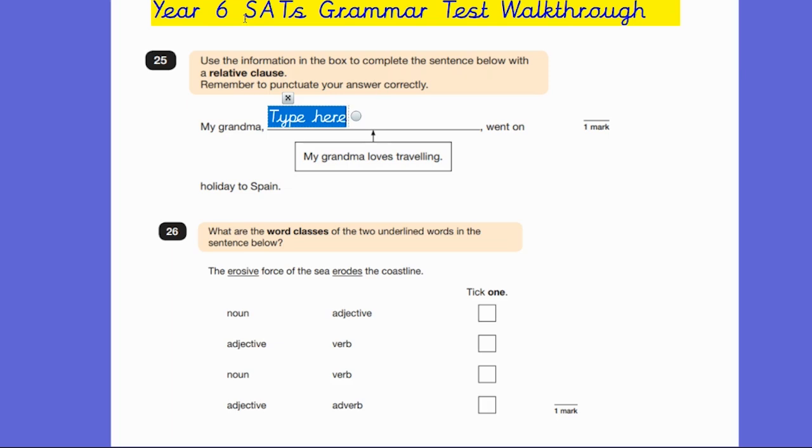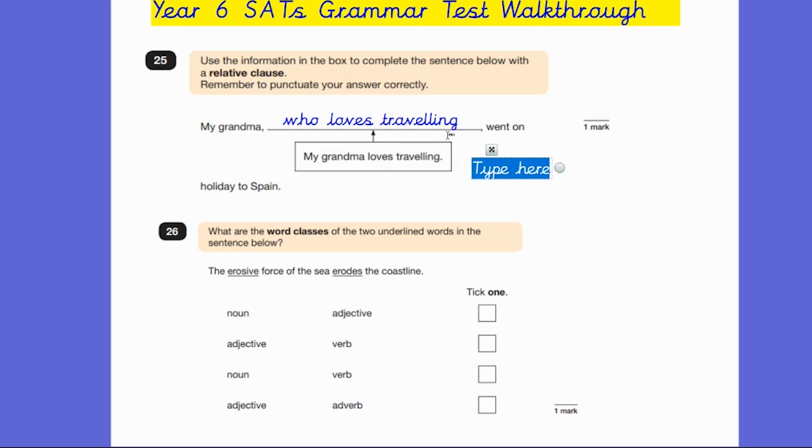I'll give you an example of how I can use whose, and I'll give you an example of how I could use whom. So my grandma, who loves travelling, that would probably be the most straightforward one we could use as our relative clause.